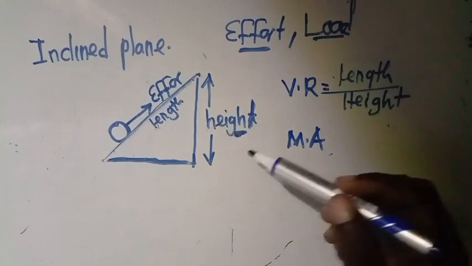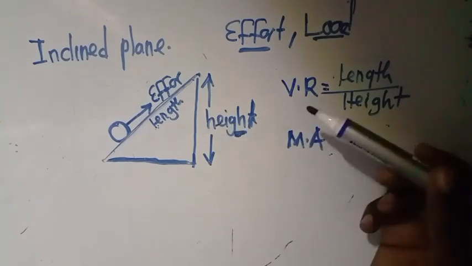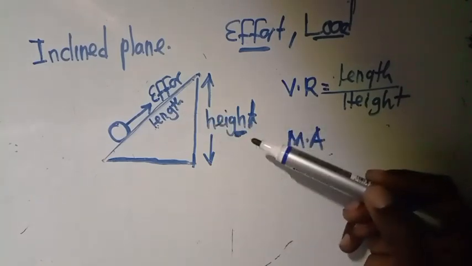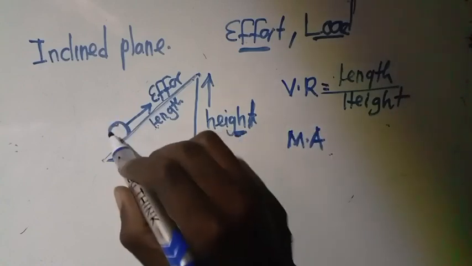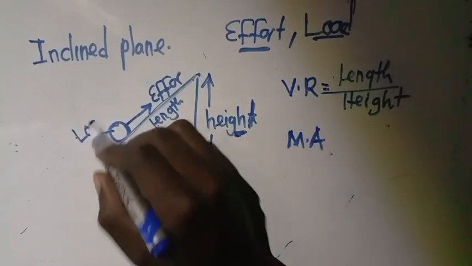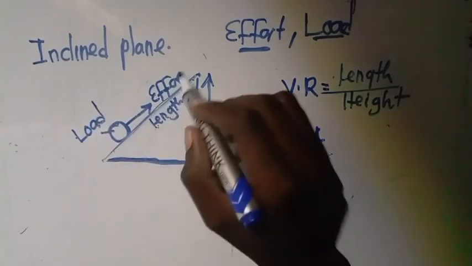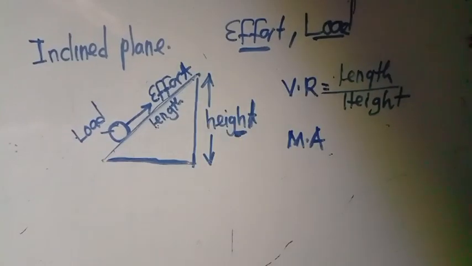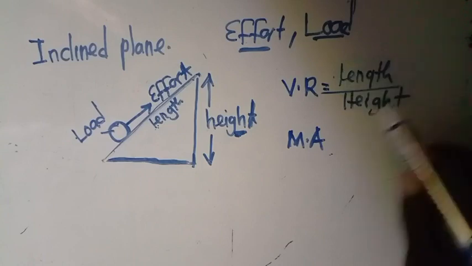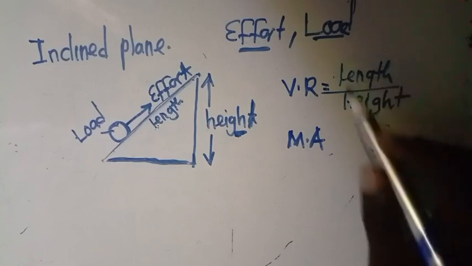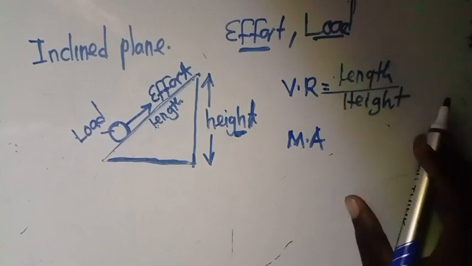Here we don't have any load. The load is this one. Then this is the effort that is here. This is a particular formula that we are going to use.